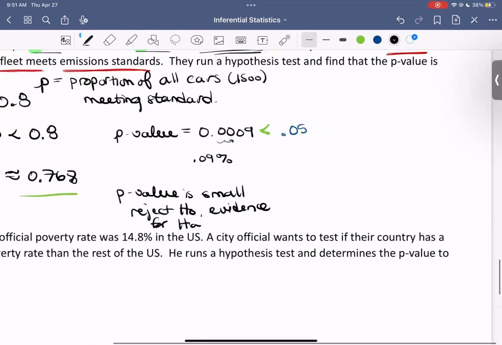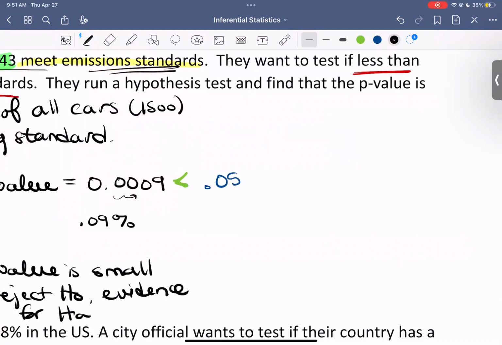All right, but let's make sense of this conclusion in the context of our problem. So we can summarize. We are going to reject H0. And why is that?